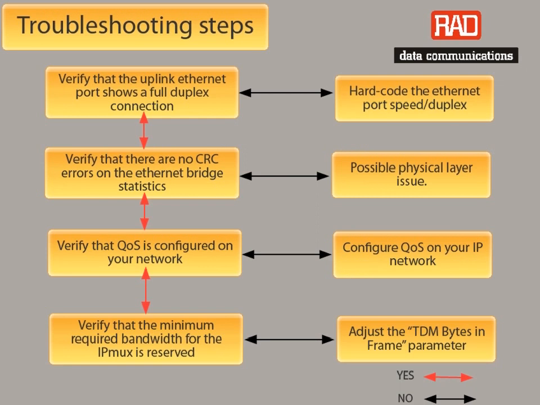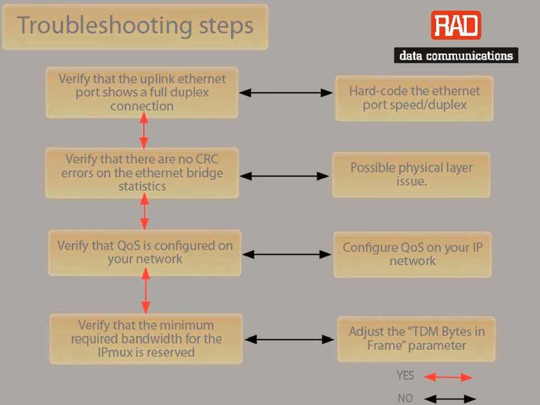Also verify that quality of service is provisioned on your IP network, and if necessary, you can modify the TDM bytes in frame parameter under the bundle connection configuration to control the amount of bandwidth consumed by the IPmux.